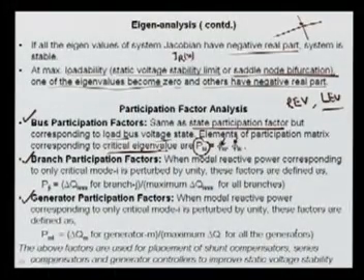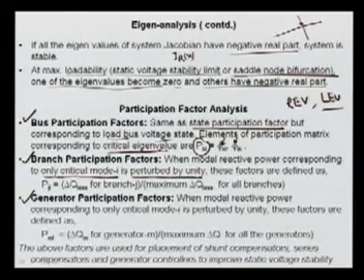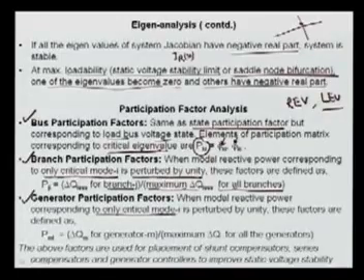The branch participation factors are defined when the modal reactive power corresponding to only critical mode i is perturbed by unity.